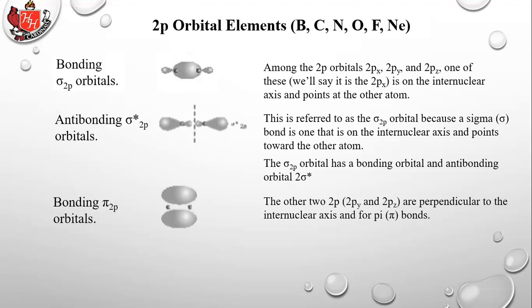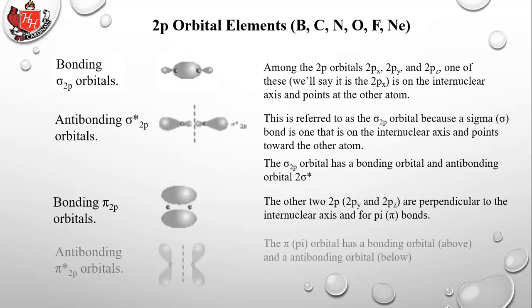The other 2p, those are the 2py and 2pz, are perpendicular to the internuclear axis and form pi bonds. So in other words, that's what we saw pi bonds are. They're the p orbitals up above or to the sides of the internuclear axis. They merge together and they form pi bonds. So there's one pi bond right there.